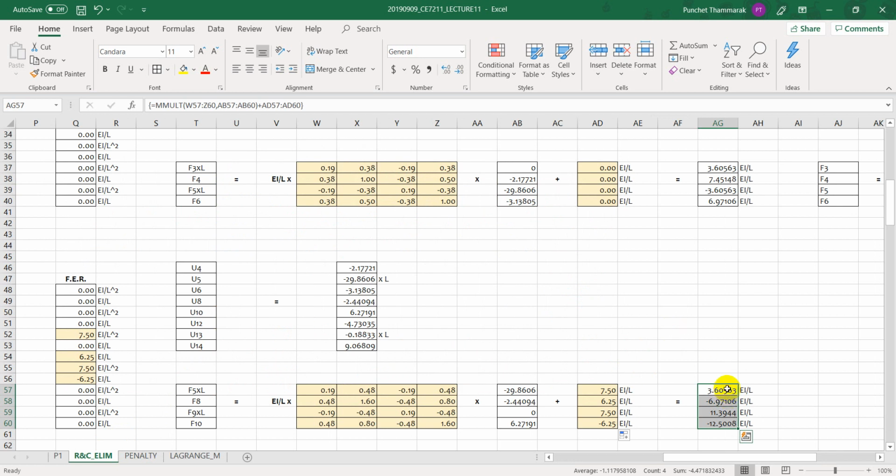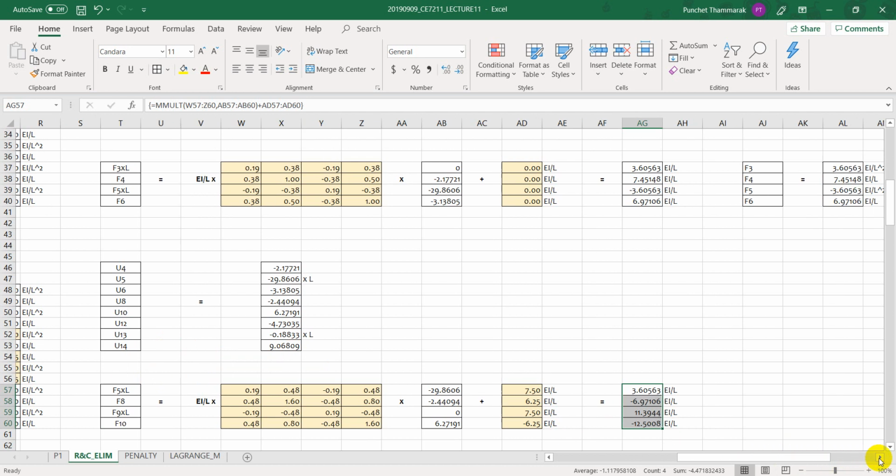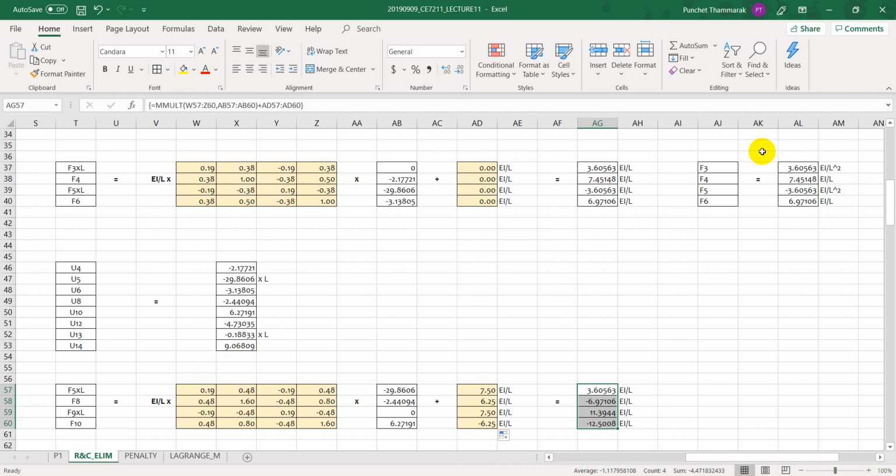This is the vertical force, F5. Wait a second. Where the sign was supposed to be. It is here. Sorry. So I just compare with this one. This one is F3. Okay.